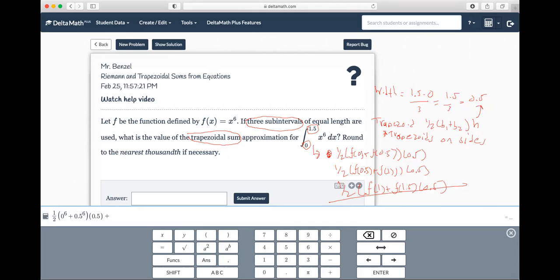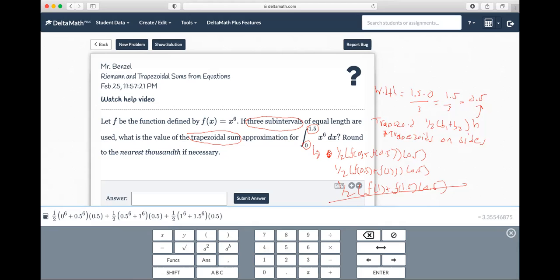All right, let's do another one. So then I have 1/2, and I'm going to do 0.5 to the 6th plus 1 to the 6th. There's my second trapezoid. And then, last but not least, I'm going to do 1/2 times 1 to the 6th plus 1.5 to the 6th. And we got 0.5 again.